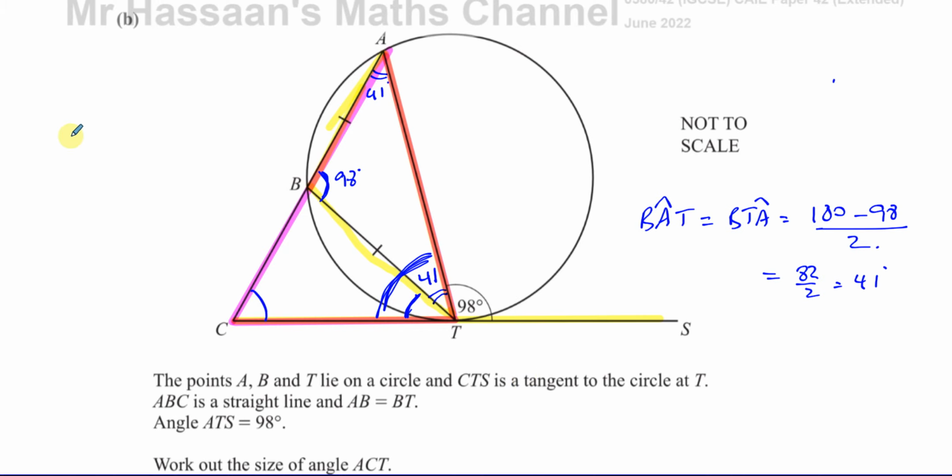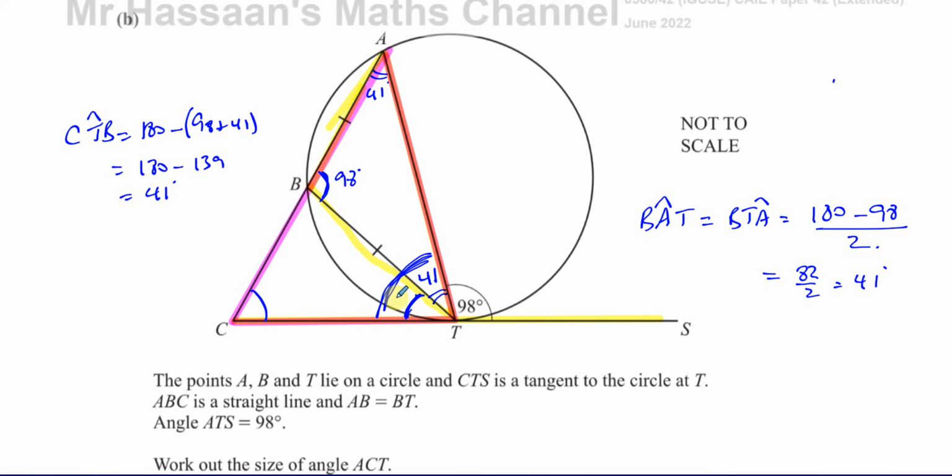I can say, for example, angle CTB, this angle over here, CTB, is going to be, because this is a straight line, CS, these three angles are on a straight line. It's equal to 180 minus 98 plus 41. So it's 180 minus, that's going to be 139, which is 41 degrees.